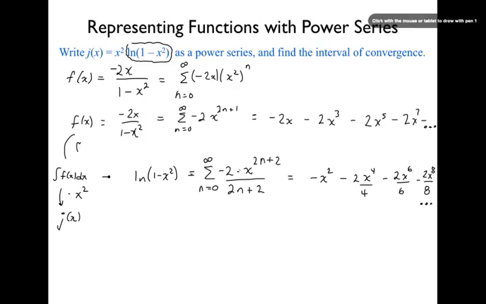That's what this intermediate step was. So we did what? Antiderivative. And now this step is multiply by x squared. And now j of x equals x squared, ln of 1 minus x squared.